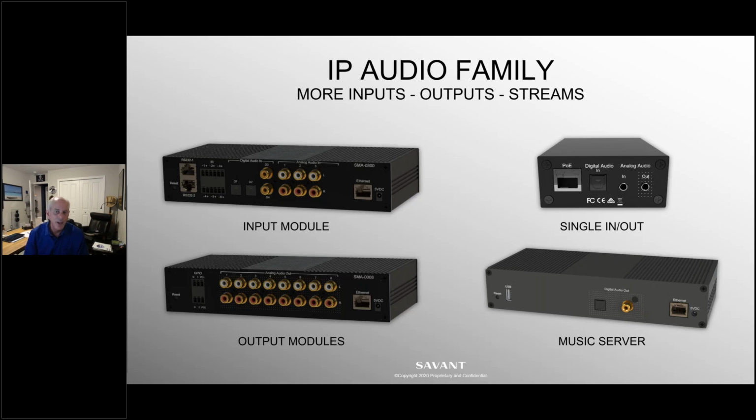Maybe you have a client that wants to tie in a turntable, no problem. Tie that in through the I/O box, or maybe an additional zone or an additional source. Maybe they want to tie in TV audio in a different zone. Very quick and easy to do that. You just tie this in to the AVB network, make your network or your analog or digital input connections, and then it just ties in seamlessly to the AVB system.